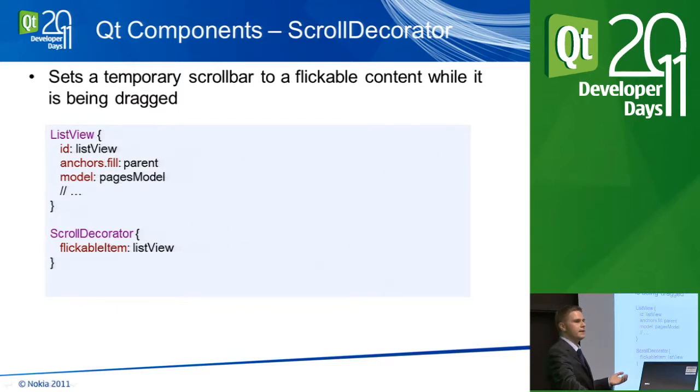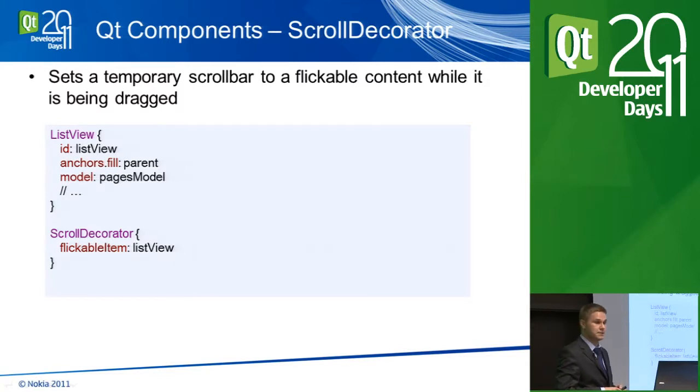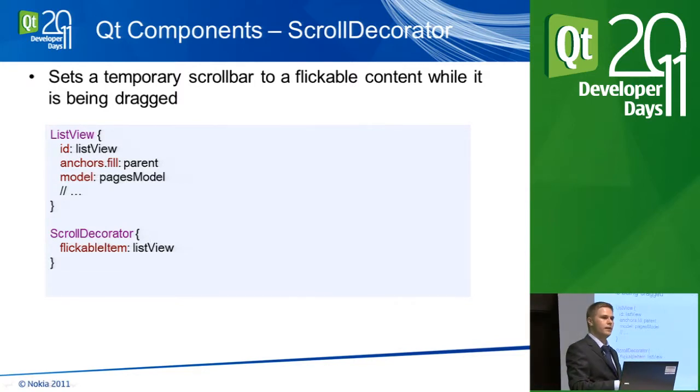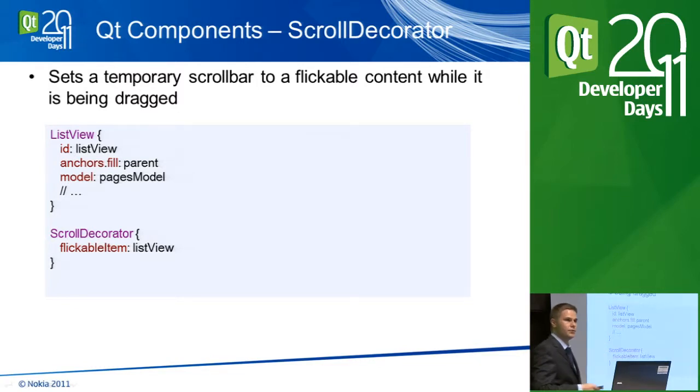Flickable itself being an element that you can easily flick in different directions, like how usual UIs are implemented in mobile phones these days. ScrollDecorator is something that you can use to add a simple representation of the position where you are scrolling indicators into that view.